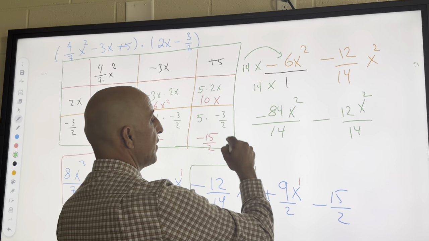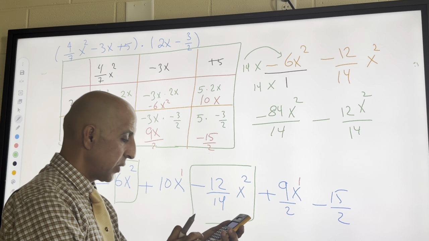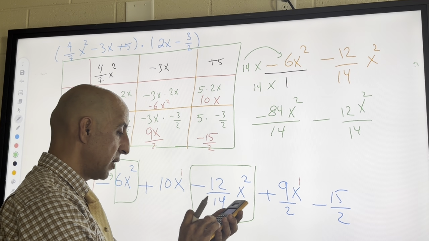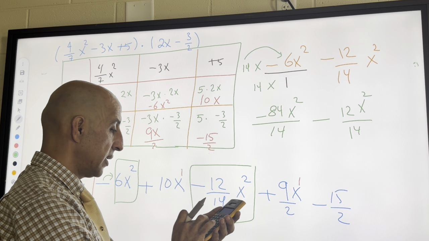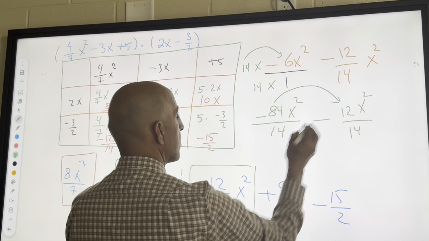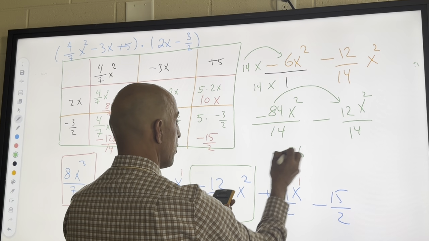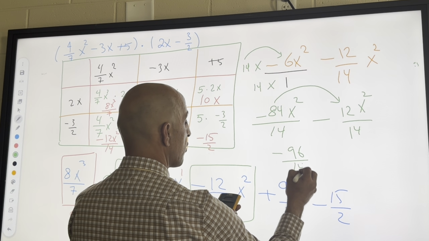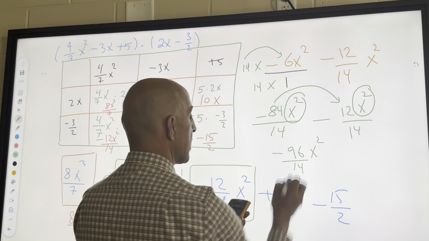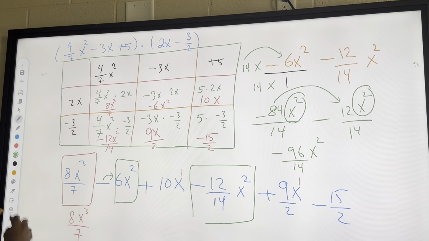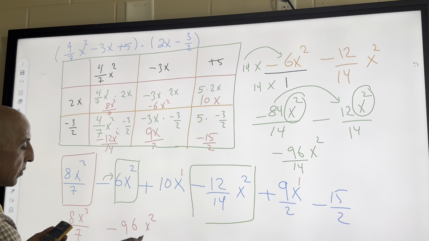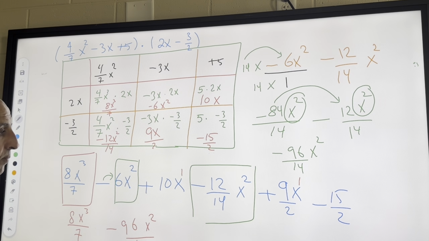Now we subtract 12x to the power 2 over 14. We have negative 84 and negative 12, and using the calculator, the answer together is negative 96 over 14. Remember that here we have like terms, so we have x squared as the answer: negative 96x squared over 14.